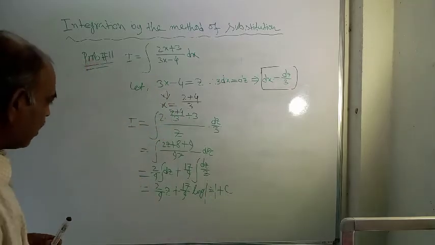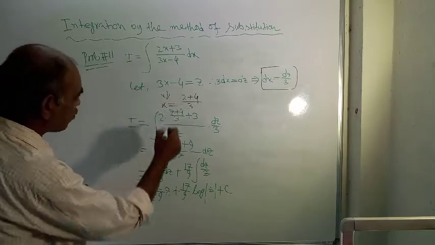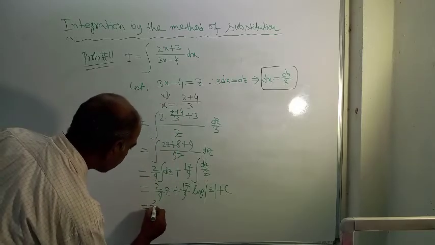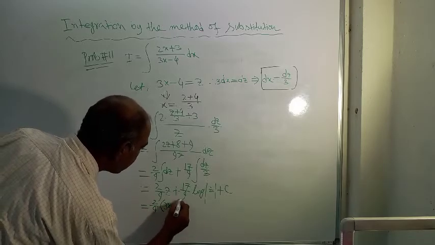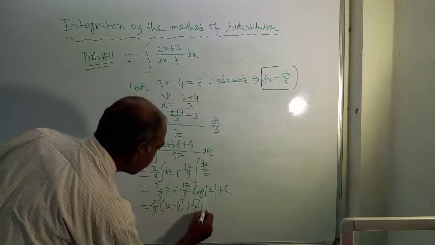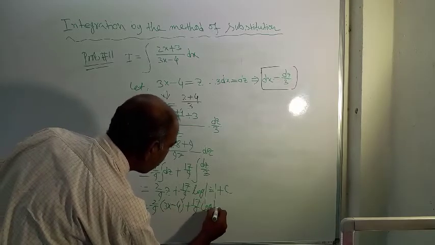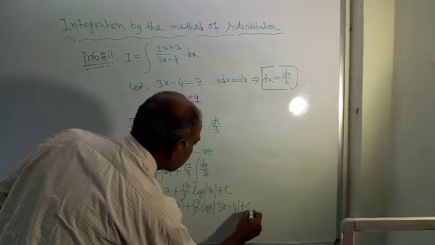Okay. Then z is how much? Z is 3x minus 4. So 2 by 9 into (3x minus 4) plus 17 by 9 log of (3x minus 4) plus c.